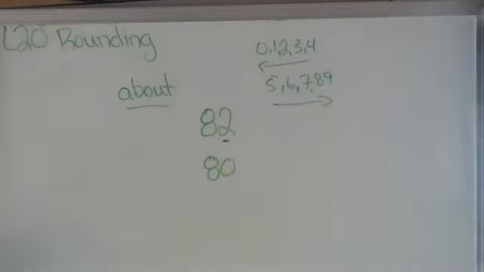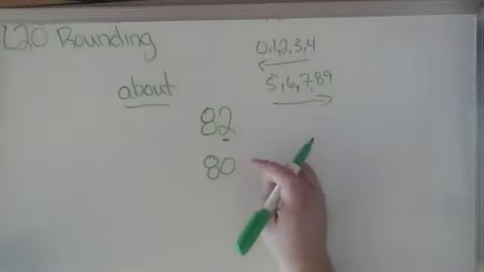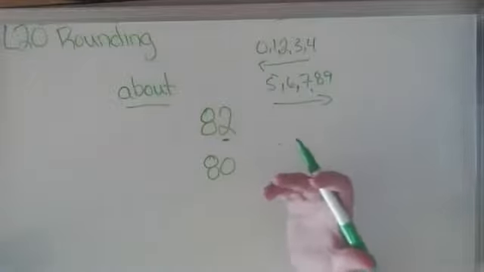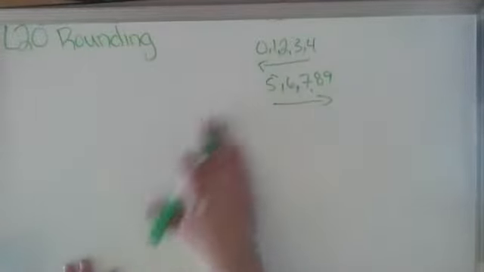So, depending on what place you're looking at, these are the numbers that tell you to go up or down. 82 goes down to 80, and I have about 80, or rounded to 80. Let's take a look at some more.